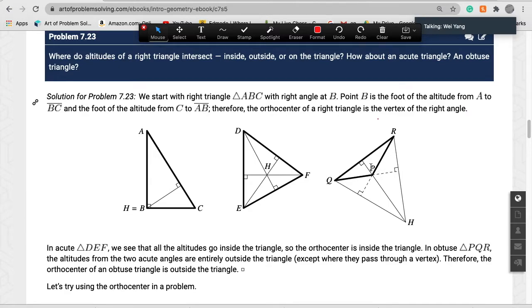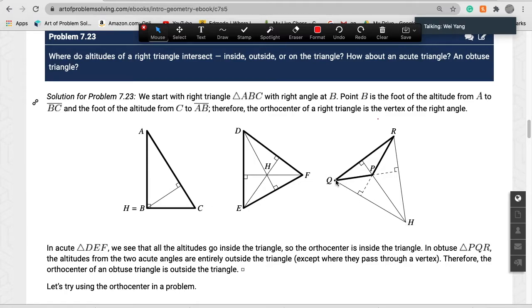Then if you try to make these two altitudes intersect together, you need to extend this altitude to here, and this one to here. Then they will intersect at this H here, right?